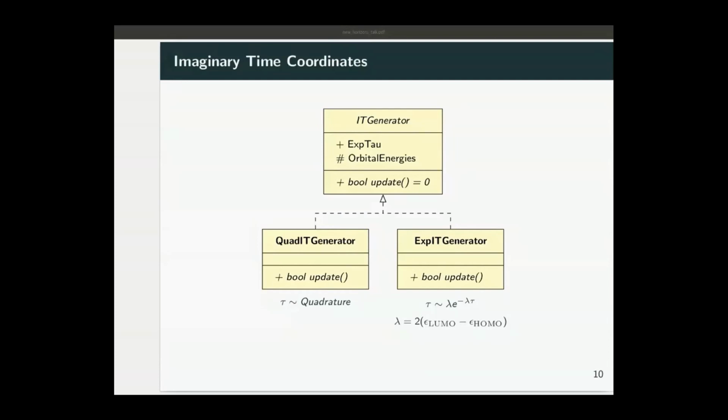One performs generation based on a quadrature rule, and that's the reason that the update function returns a bool, so we can loop over the quadrature points. The second instantiation is stochastic and provides points distributed according to an exponential function. In terms of future outlook for this class, I largely suspect it will be mostly stochastic generators with alternate probability distributions.